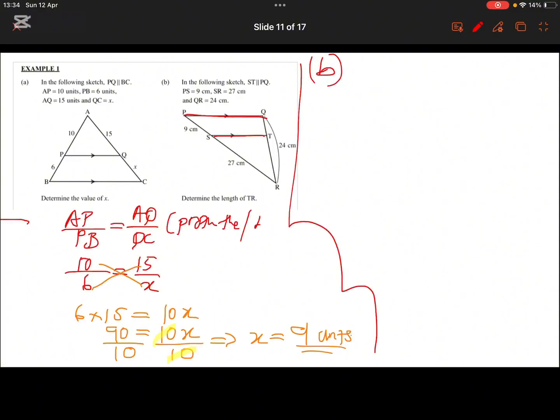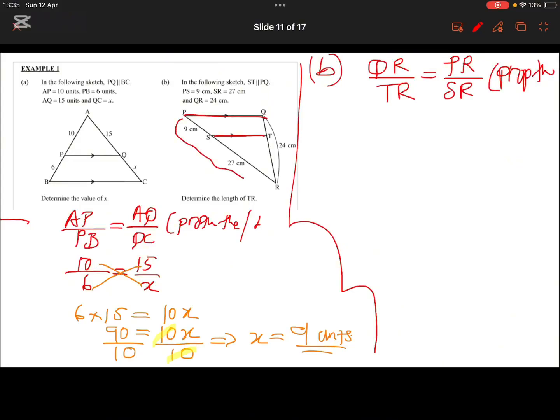So we can agree that if a line is drawn parallel to one side of a triangle, it will divide the other two sides proportionally. That simply means we can say QR divided by TR is equal to PR divided by SR. That is also the proportionality theorem.